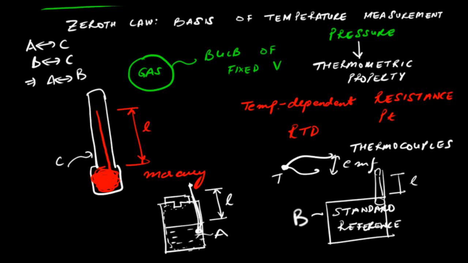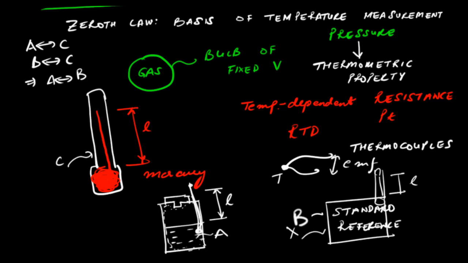Now if these two lengths happen to be the same, then we'll say that A has the temperature that is equal to that of B. So this is how Zeroth law allows us to measure temperature. So what we do is that we fix the values of temperature of some references, and then we can say that if we define the temperature of this standard reference with some particular value x, then the temperature of A is equal to x.